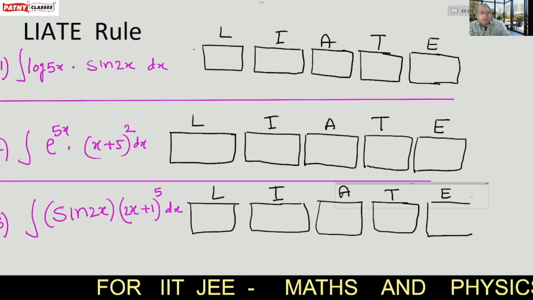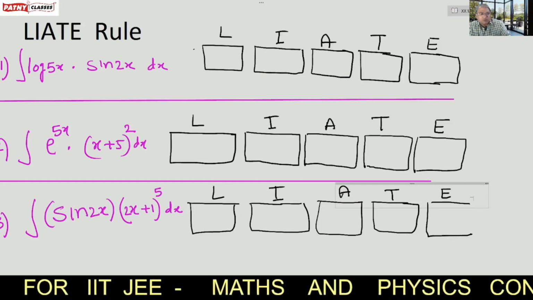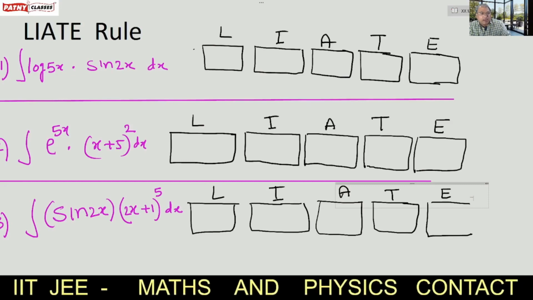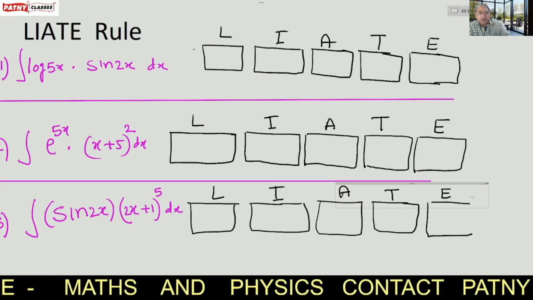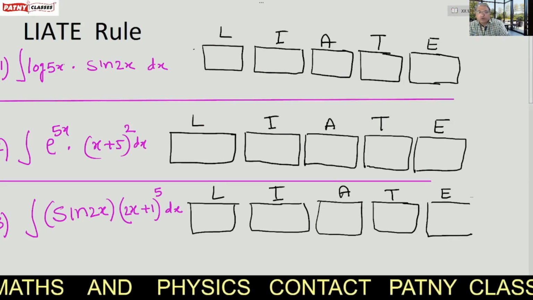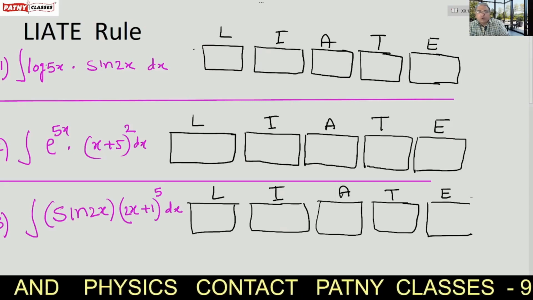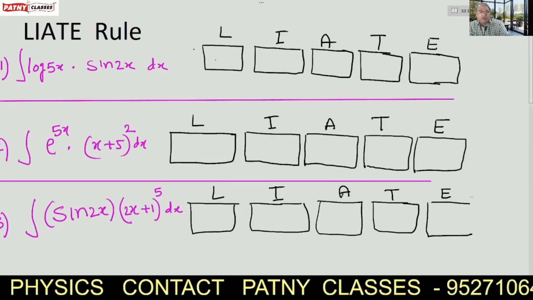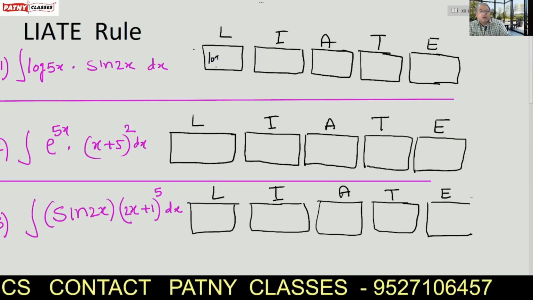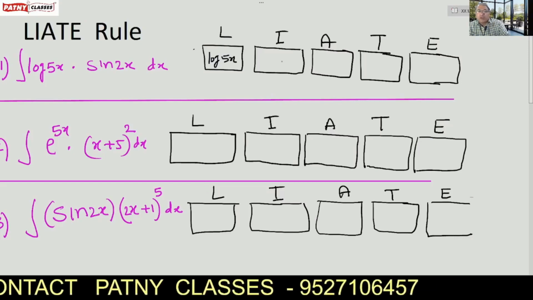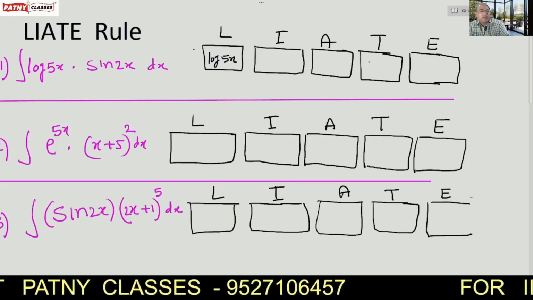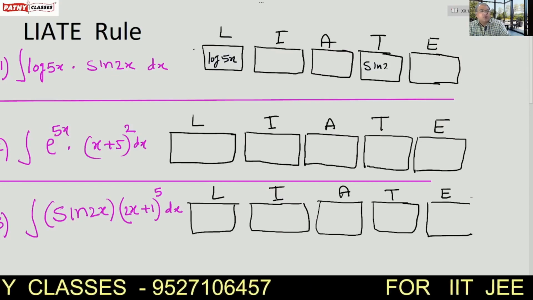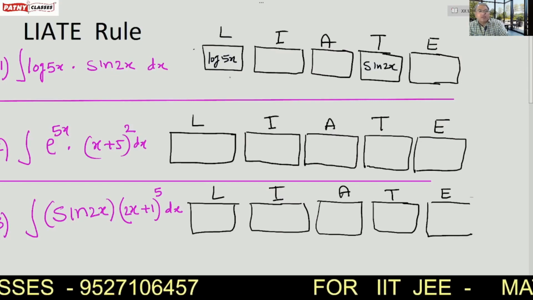The trick: I have written 5 boxes with the label LIATE. Now I will write the given functions in the respective boxes. That is, log 5x goes in the log box, and sin 2x goes in the trigonometric box. Who is written first?